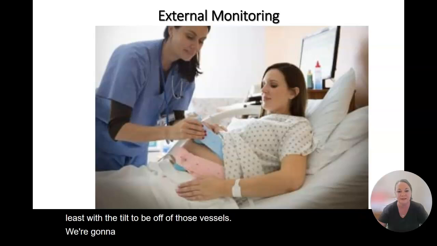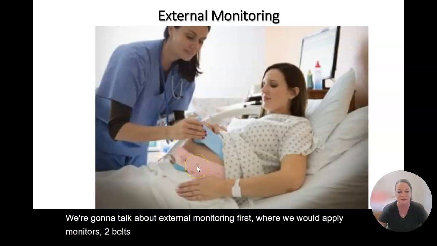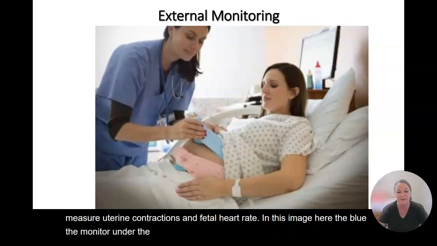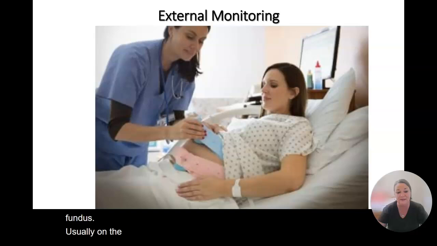We're going to talk about external monitoring first, where we would apply 2 belts and monitors to mom's abdomen so that we can measure uterine contractions and fetal heart rate. In this image here, the monitor under the blue strap is placed at the fundus, the hardest part of the fundus. Usually on the bottom if the baby is presenting head down, or the baby's head.